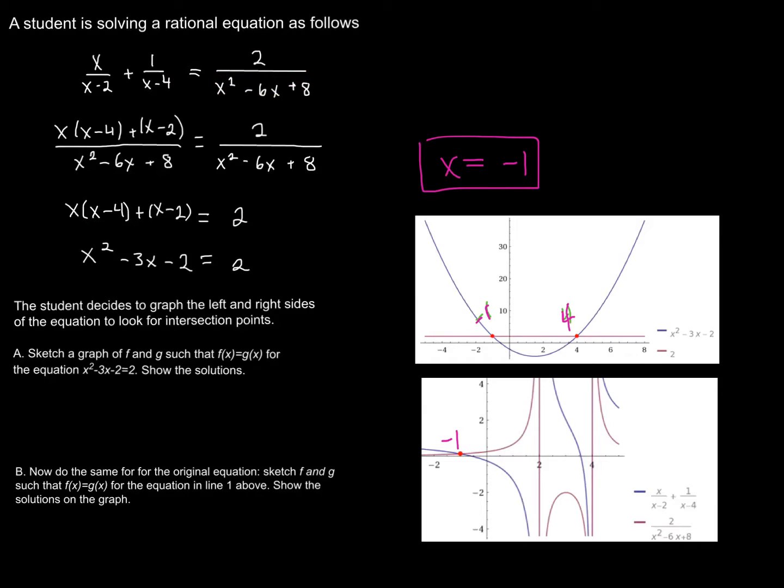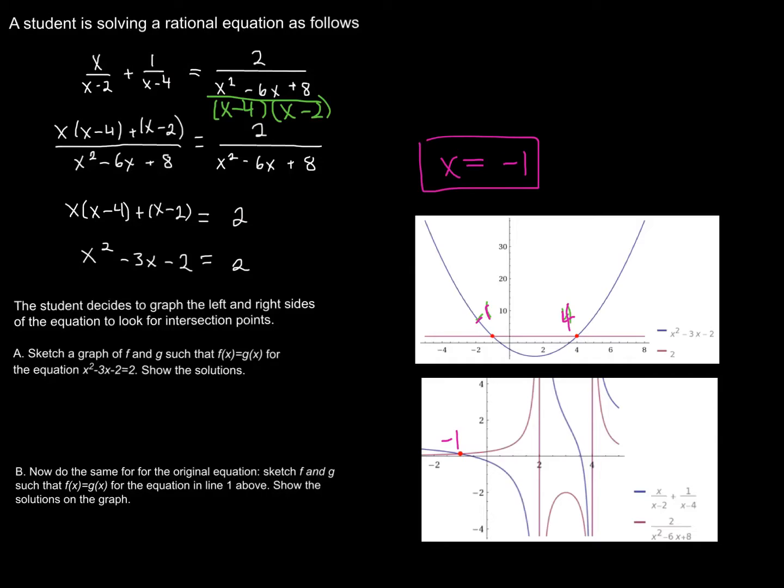On the right side, you'll also notice that this quadratic factors into x minus 4 times x minus 2. And so on this side as well, when I plug in 4, I'm going to get an undefined function.